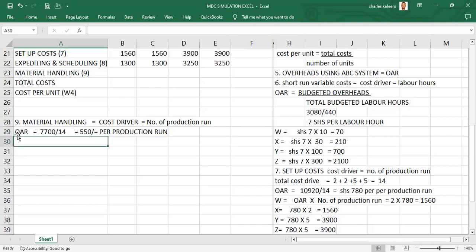So what we do next is allocate the cost to the different products.